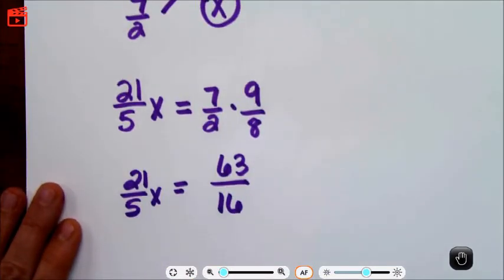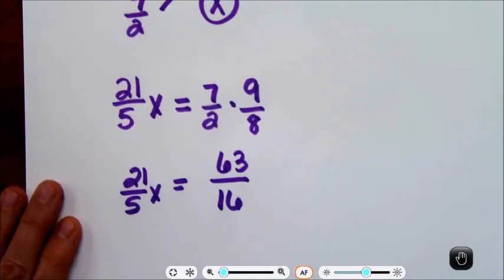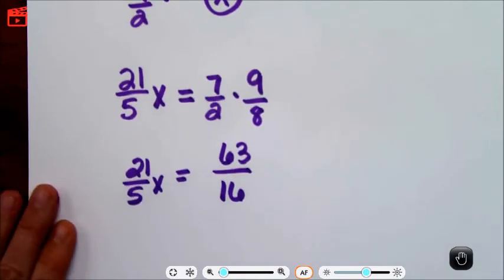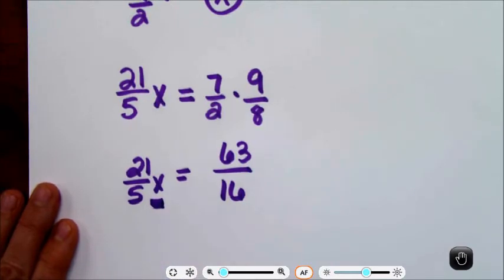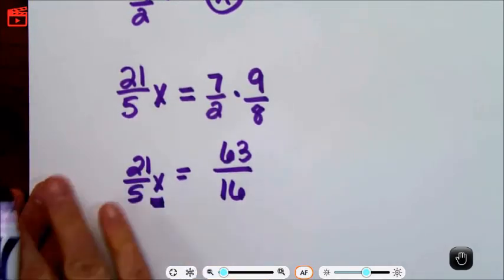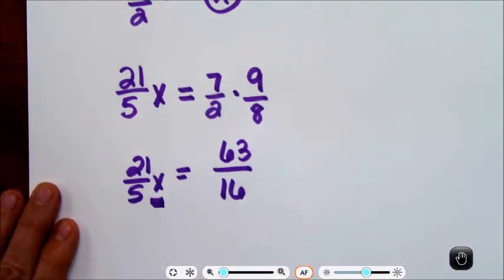All right, now we've simplified it down to two fractions and a variable. I want my variable on the left-hand side of this equation all by itself. So how on earth am I going to do that? I need to detach these somehow, and I need to get 21/5 to the other side.